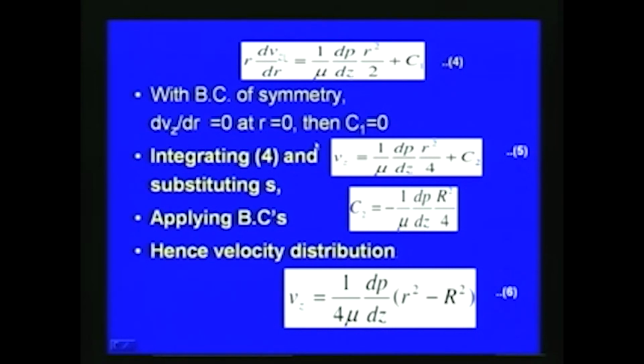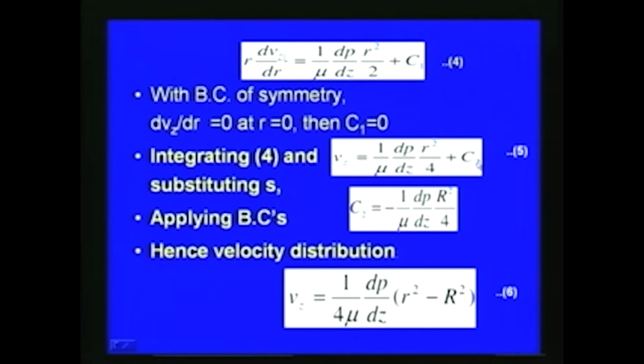Then integrating equation 4 again and substituting s as we have already seen, we get Vz is equal to 1/mu dp/dz into r²/4 plus C2, as in equation number 5. Again, C2 we can find by using the boundary condition. At r is equal to R, the velocity is 0.